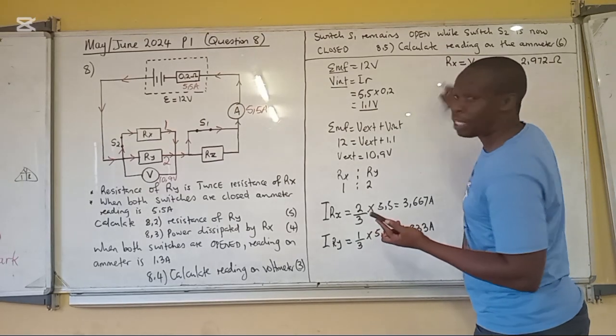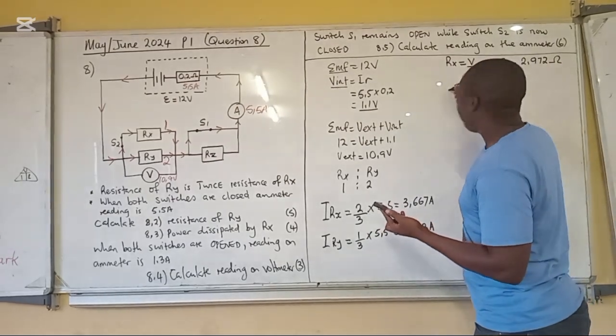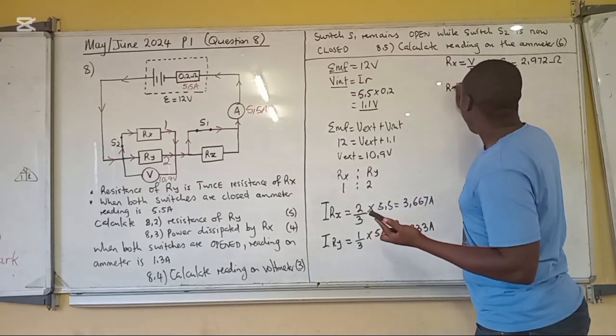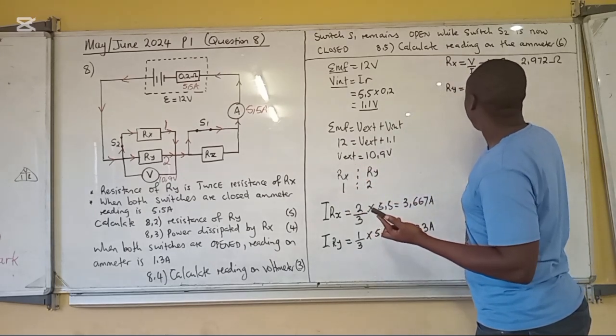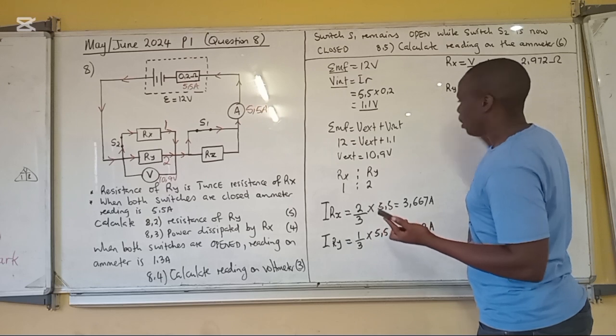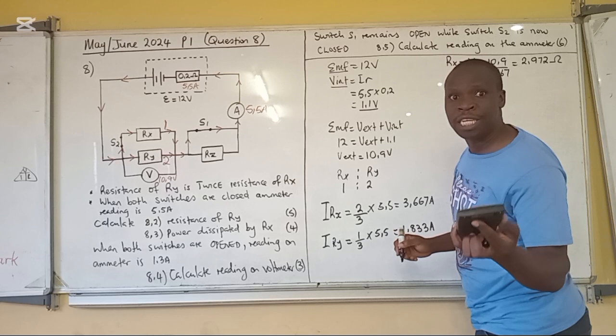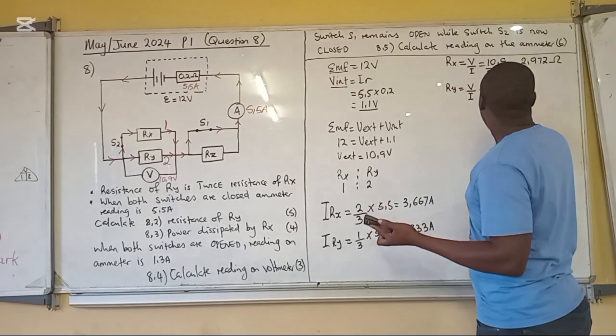Okay, that is the resistance of resistor Rx. Then the resistance of resistor Ry is equal to voltage over current. The voltage is the same because the two resistors are connected in parallel.